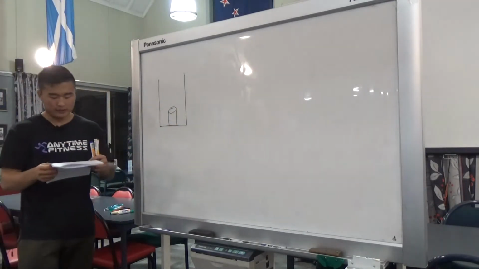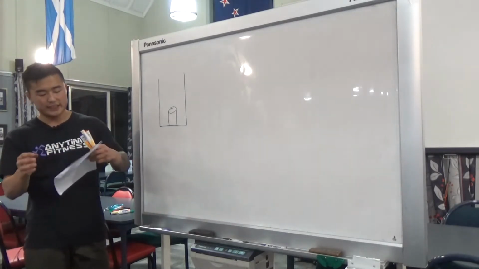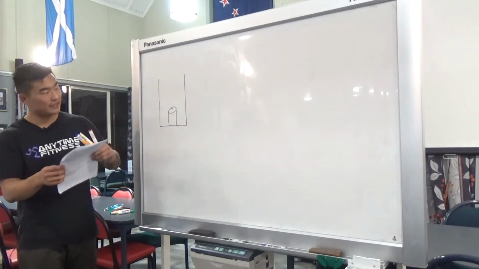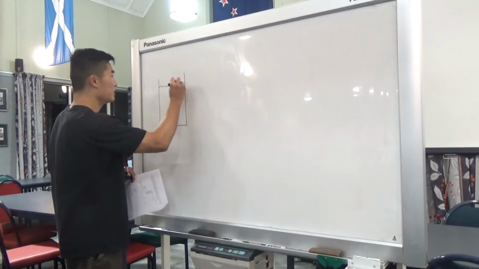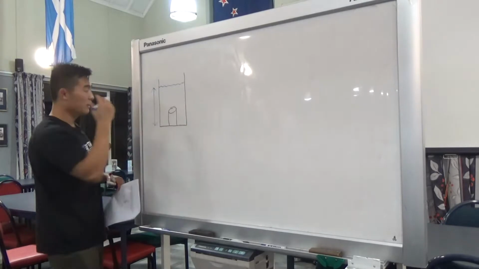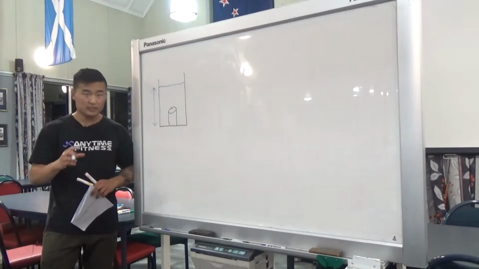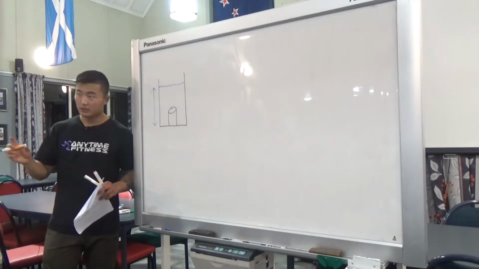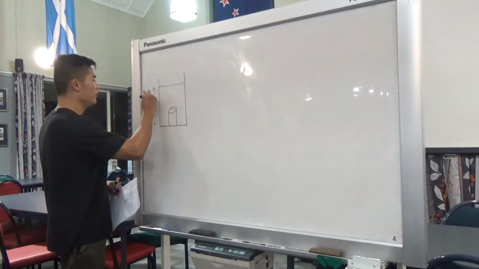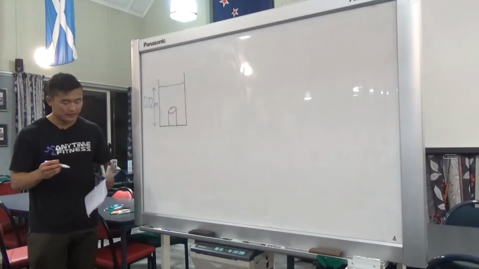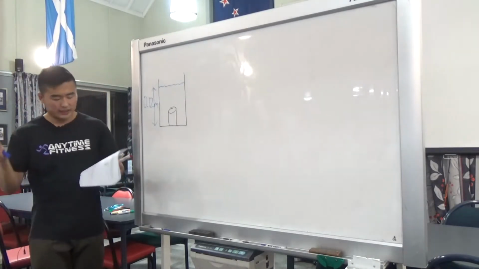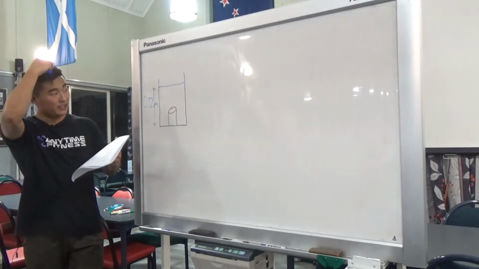The beaker has a cross-sectional area of 7 centimeters squared, and the water level is 12 centimeters above the base of the beaker. 12 centimeters is 12 times 10 to the negative 2 meters, or you could just say that's 0.12 meters. So 0.12 meters is the height of the water, and the cross-sectional area of the water is 7 centimeters squared.